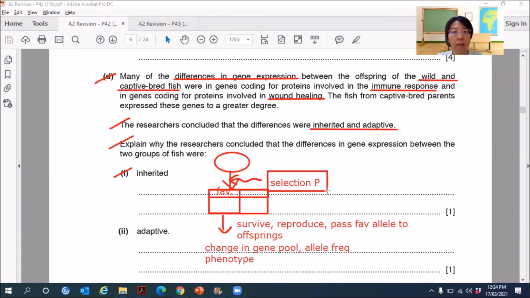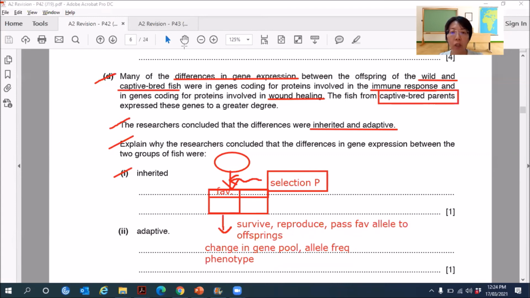So when the parental, captive bred fish are grown in the fish tank where it's overcrowded and promotes the spread of diseases, so that is the environment that the parents are in.